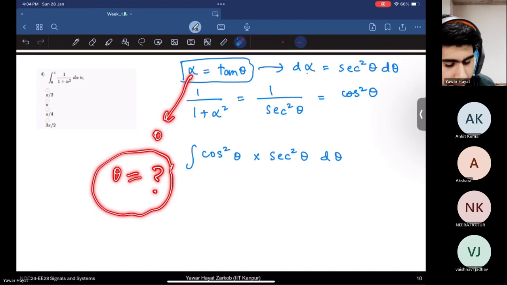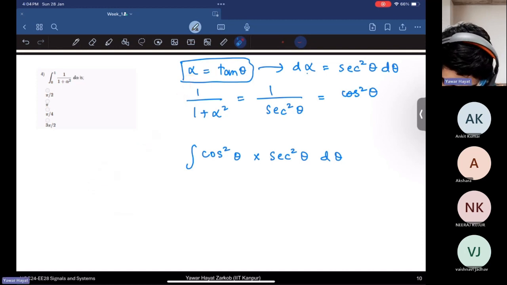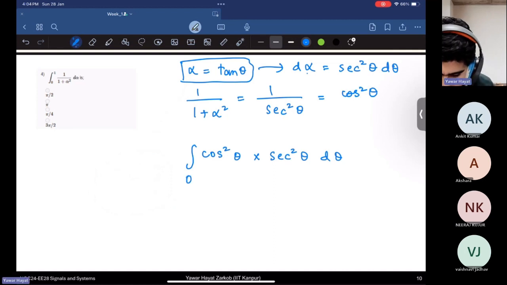Sir, 0. Yeah, so theta should be 0. And when this alpha is 1, what should theta be? Pi by 4. Pi by 4, yeah.